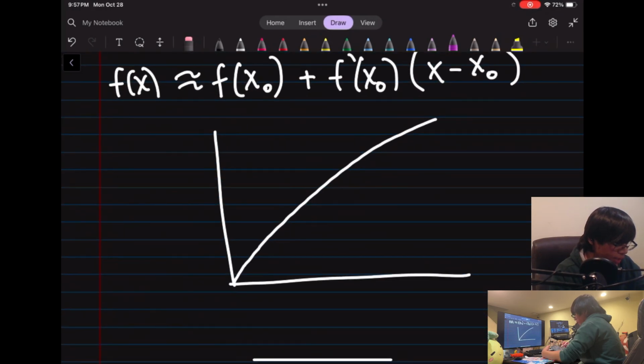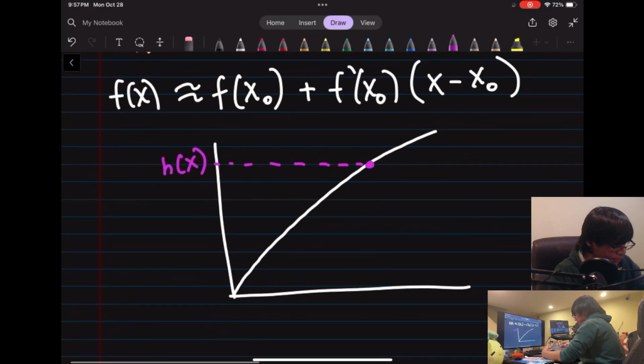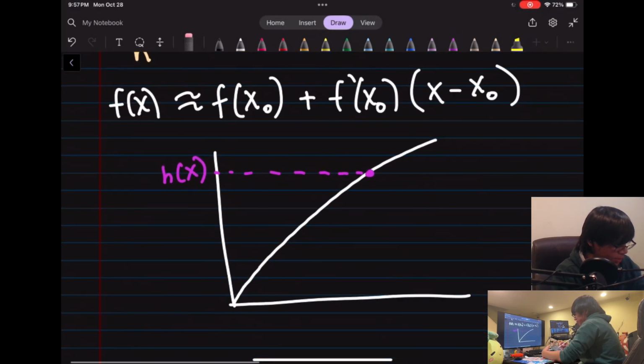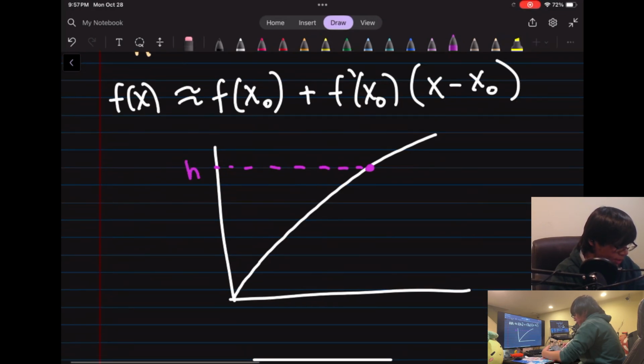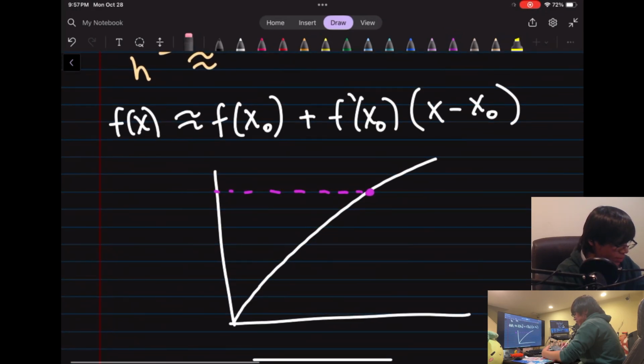And then say we have some points, so maybe here we have h of x. I don't know the best way to express this. Maybe we will use h of x.